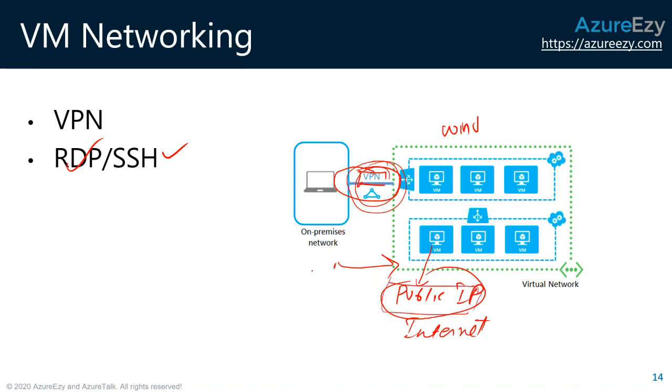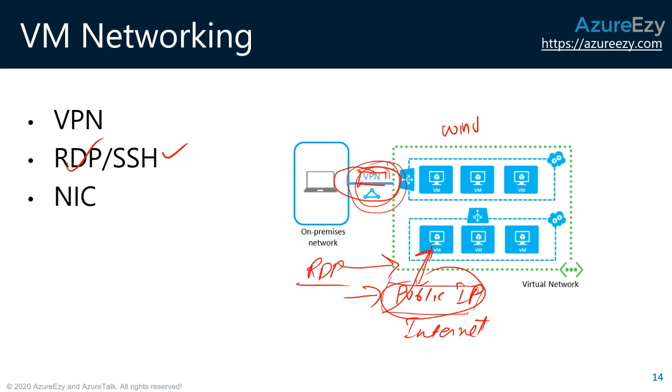You just take an RDP software such as Windows Desktop Connection Manager or RDP Connection Manager or something like that, enter your IP, and then it will connect you with the VM. So you should be aware of this connectivity. RDP is available for Windows based operating systems. SSH is available for Linux based virtual machines.